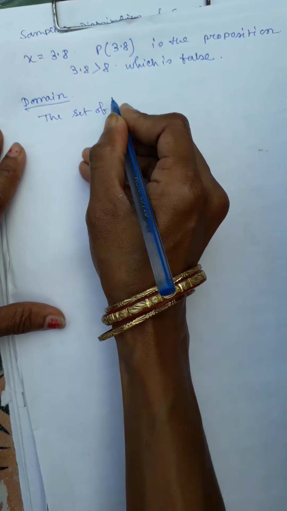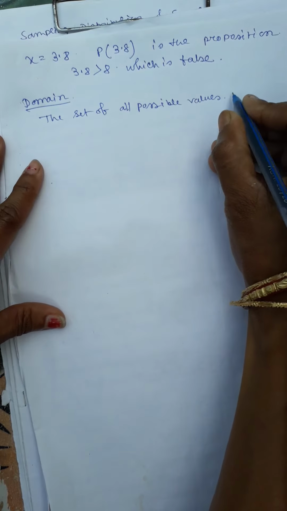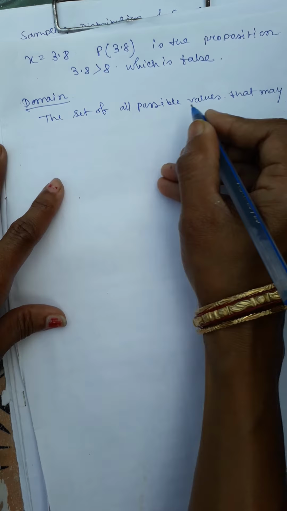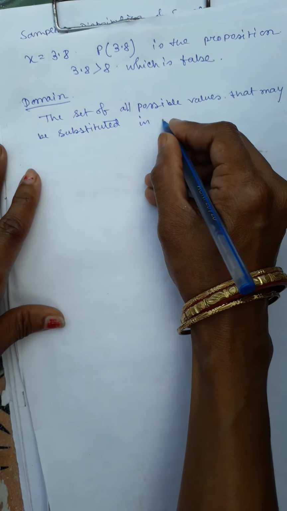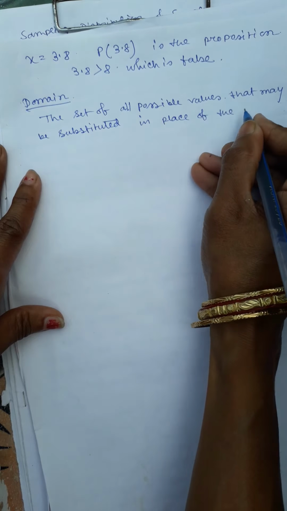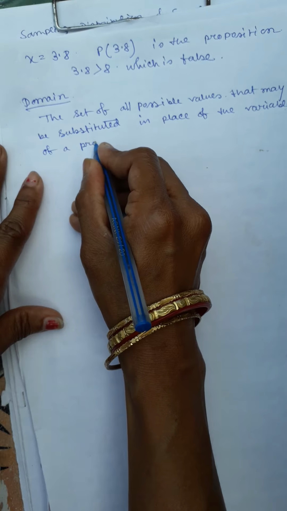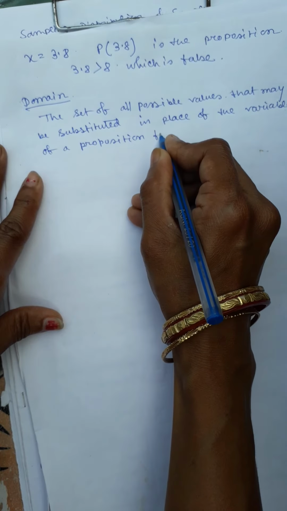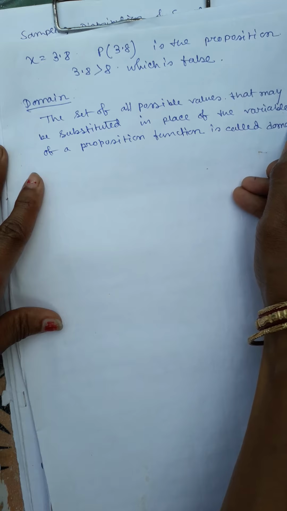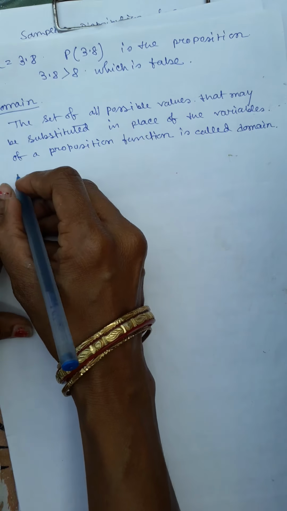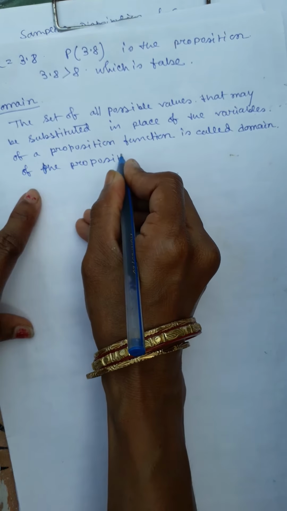The set of all possible values that may be substituted in place of the variables of a propositional function is called the domain of the propositional function.